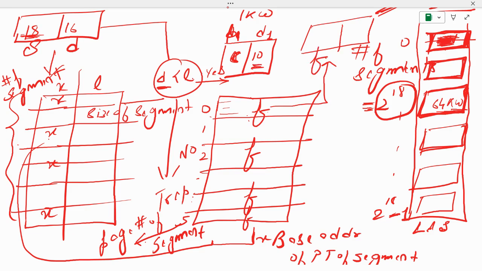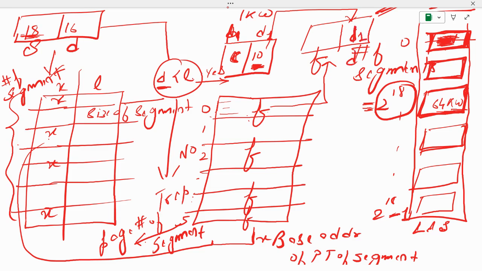And this D1 will give the offset of the particular instruction that we are trying to access. So this is D equal to D1.